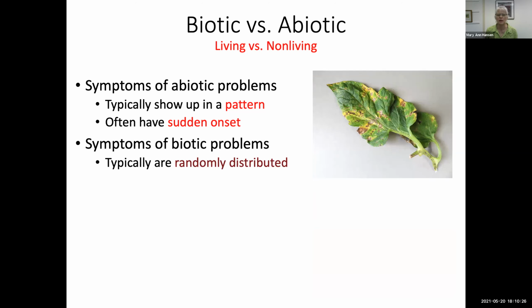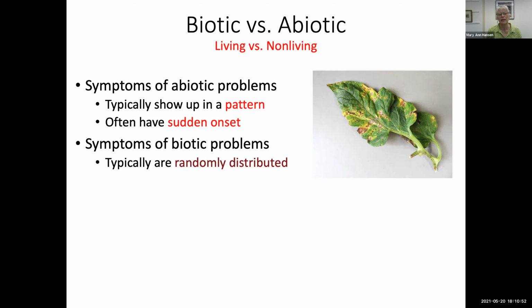Biotic problems, on the other hand, problems caused by living organisms, typically the symptoms are randomly distributed. So, especially for things like fungi and bacteria that spread by wind and splashing rain, wherever one of the cells of the bacteria or spores of the fungi land, you're going to get infection at that point.